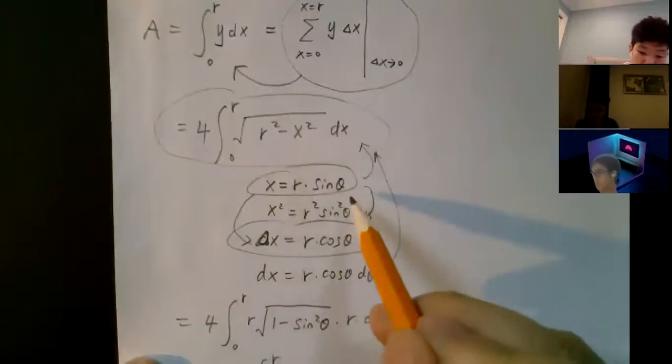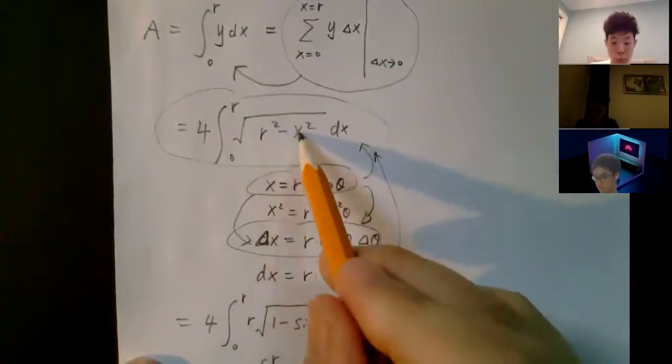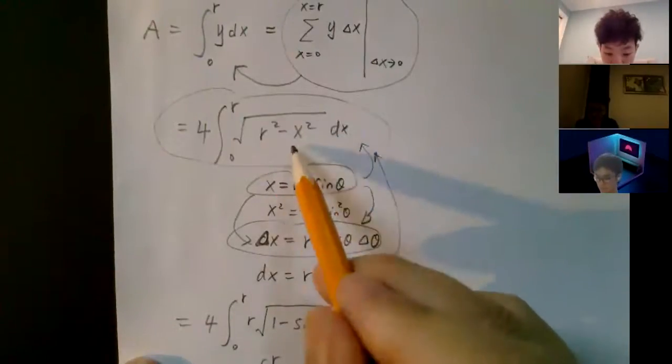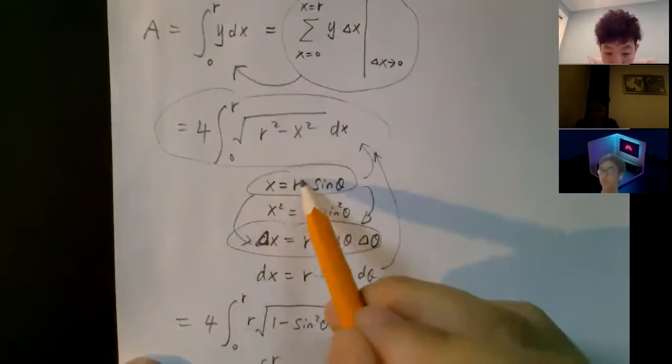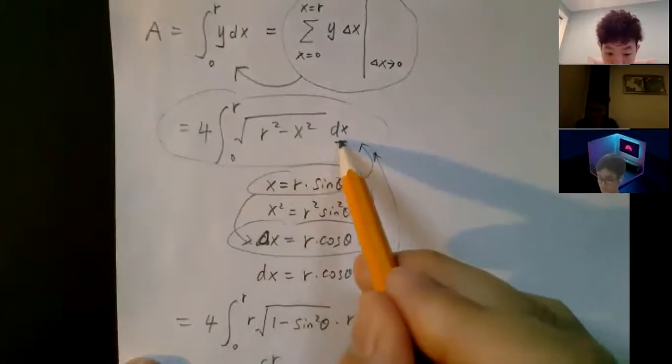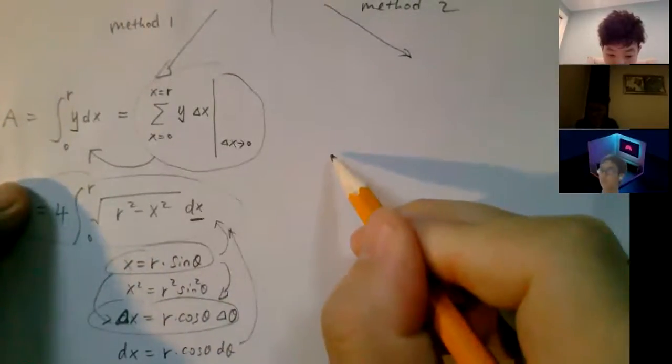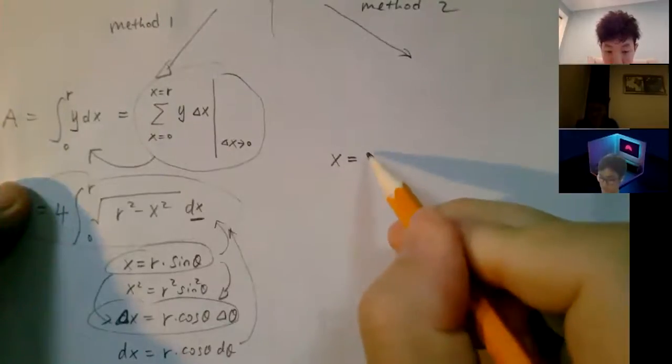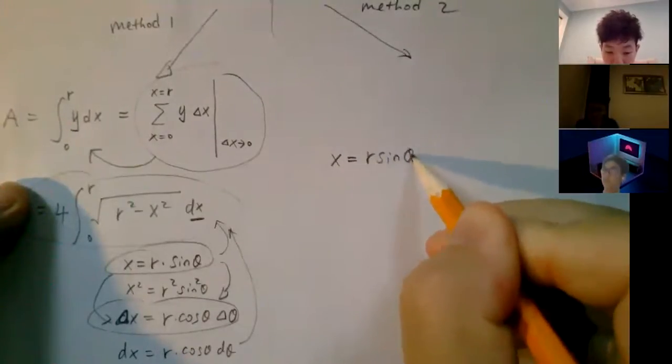But since I switched x to theta here, I also need to switch delta x. So basically now, x equals r sine theta, right?